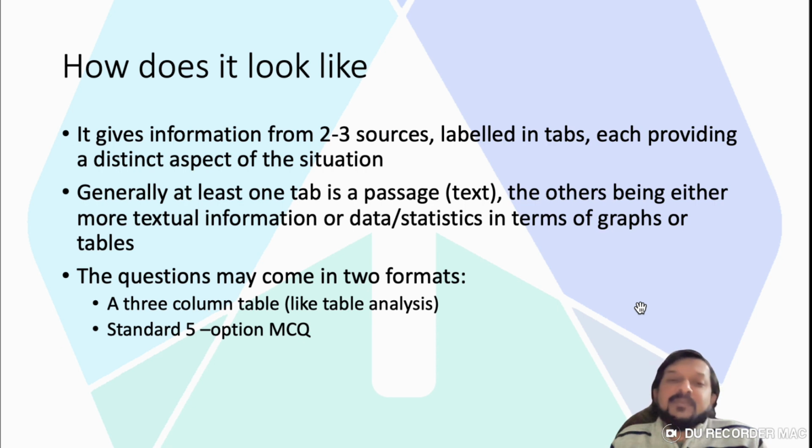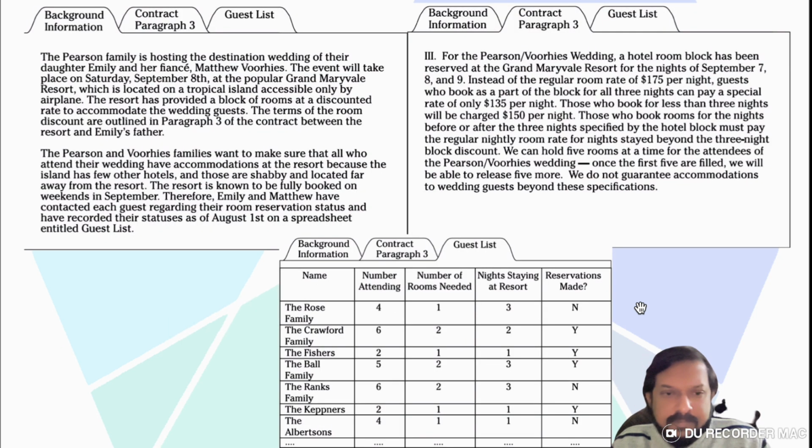We have seen both types of questions here: the 3-column yes/no type of question that we have seen in data analysis while doing table analysis, and the standard 5-option MCQ question that has been coming for all the other types of questions, even in quantitative reasoning as well as verbal ability.